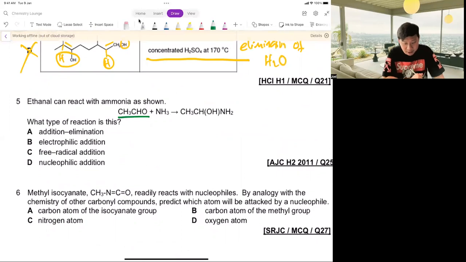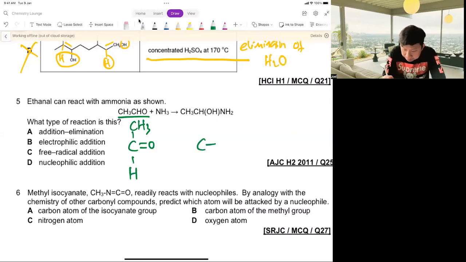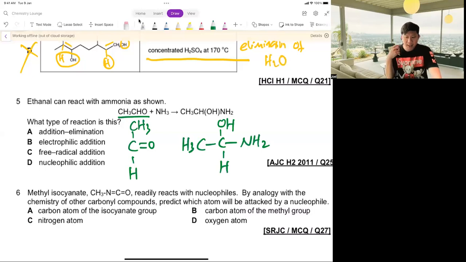So what is happening? I draw it out, right? So CH3, C double bond O, H. After that becomes what? Okay, what happens? That's the CH3 part, never change. So this part is still CH3. Wow!